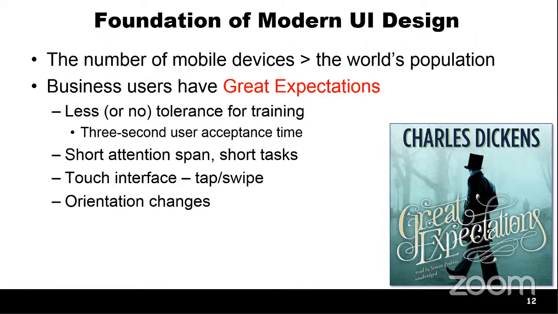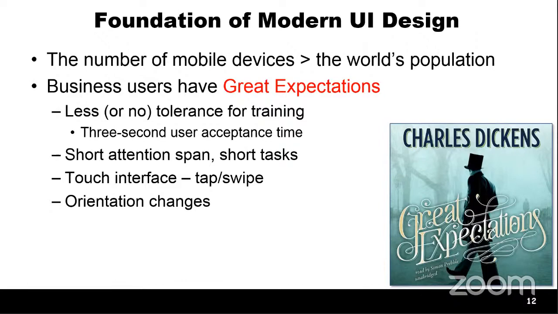Now, you don't have that necessarily in the business world, right? Your business users may not have a choice of which applications they use, but the factor is still there. Short attention span, obviously when you're working with a mobile device, you're used to having something that you can do really quickly. So if you're walking from the store to the car in the parking lot, you don't have a lot of time, but you still want to get something done, hopefully not get run over.